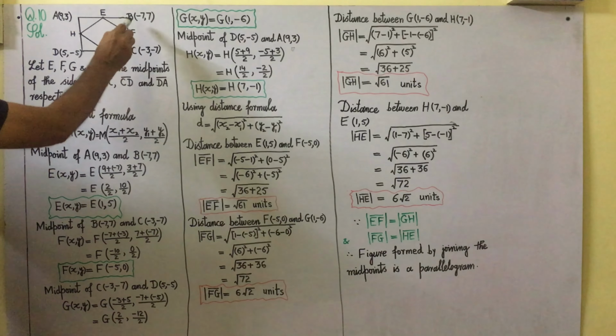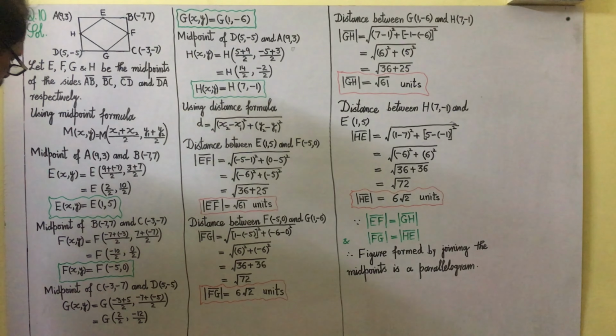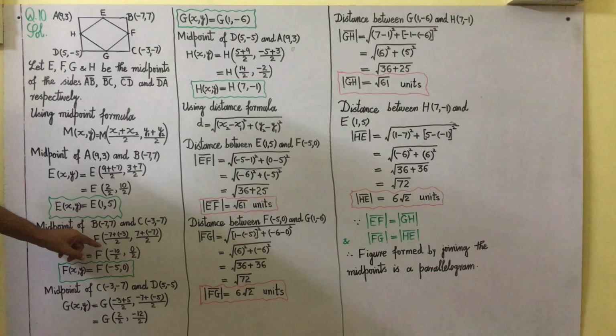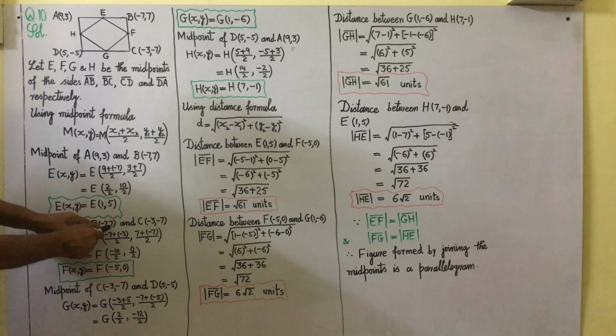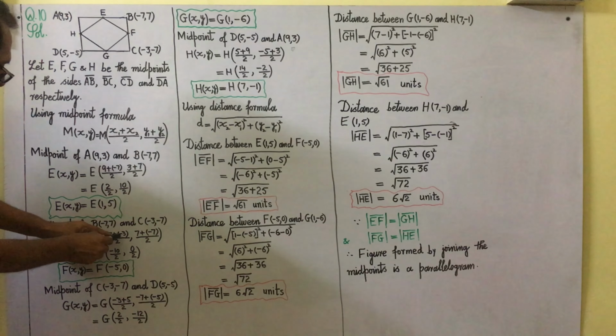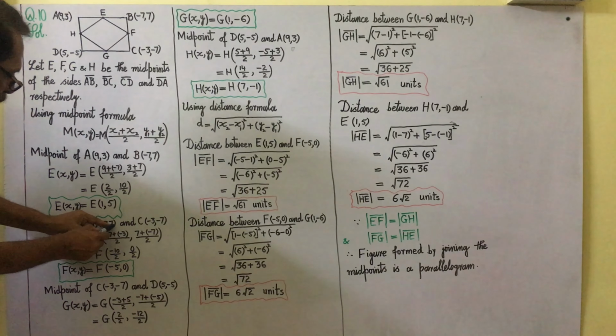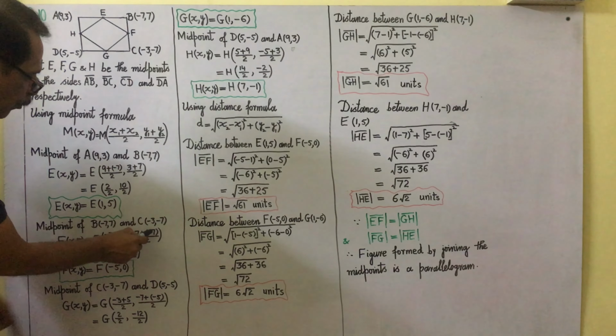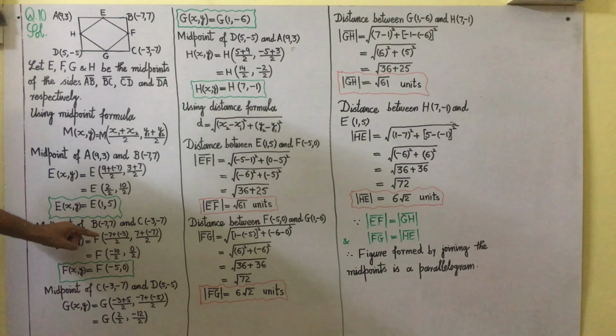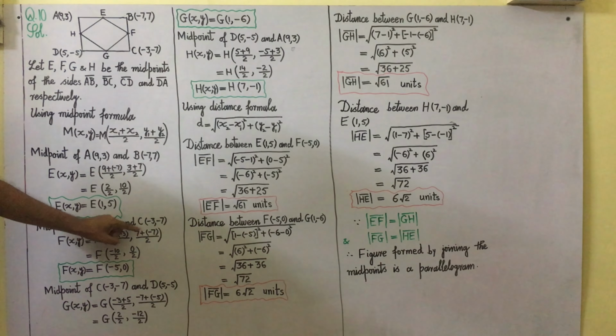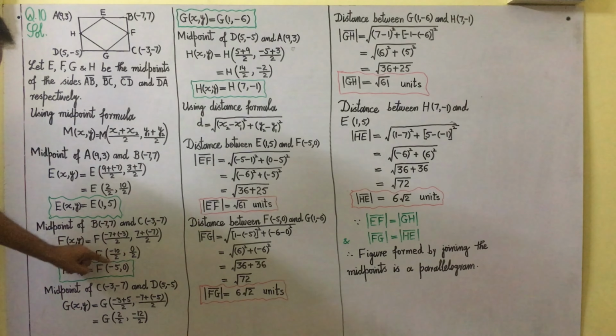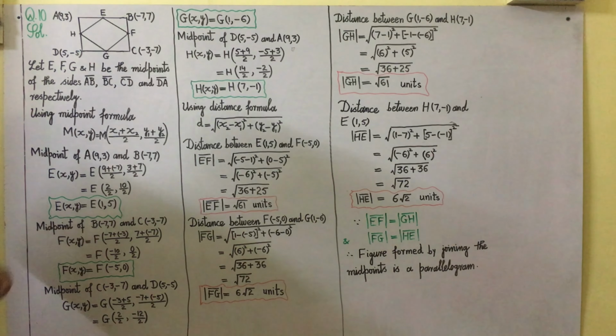Midpoint of B and C, again applying this, x1 plus x2, -7 plus -3 over 2, y1 plus y2, 7 plus -7 over 2. -7 minus 3 is -10 over 2, 7 minus 7 is 0, 0 over 2. 2 fives are 10, so the x coordinate is -5, 0 divided by 2 is 0.